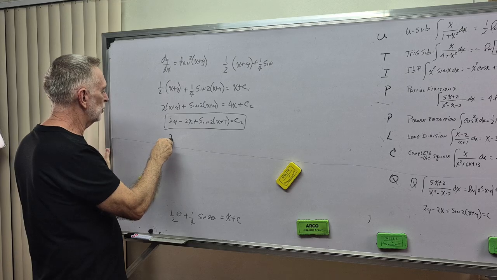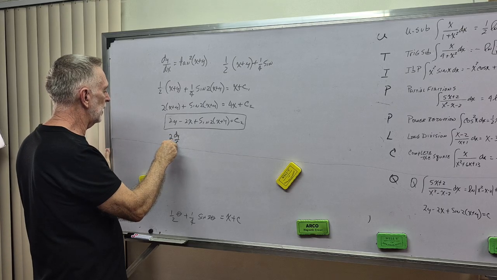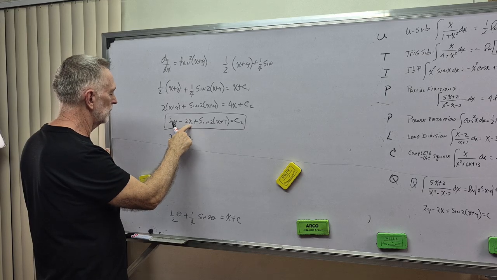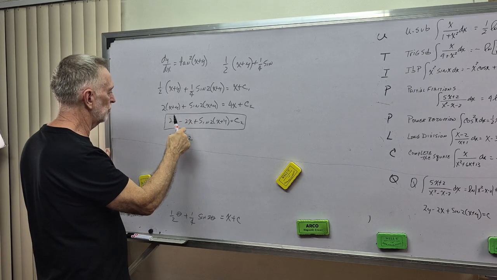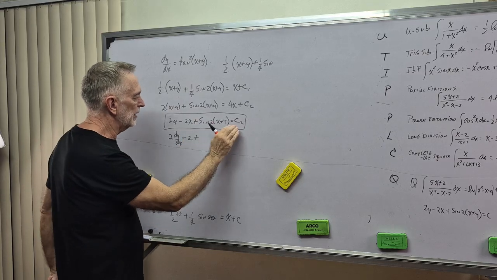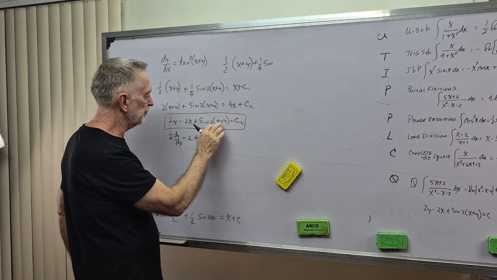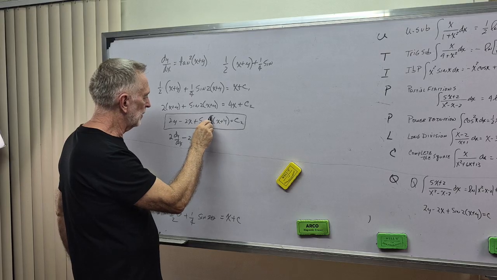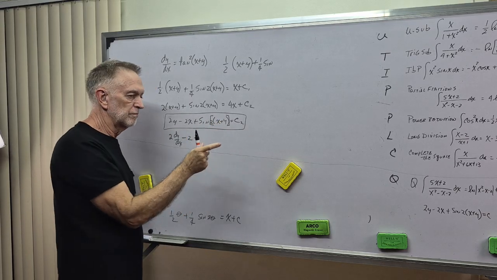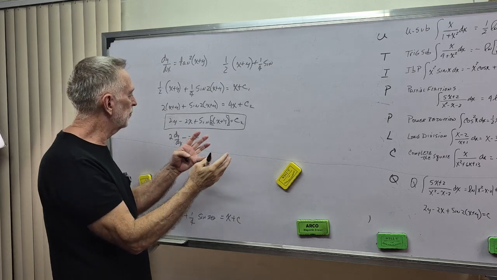So this would be 2 dy/dx minus 2, derivative of x is just 1 dx, plus the derivative of sine(2x plus y). Just think about all of this as just some function, okay?